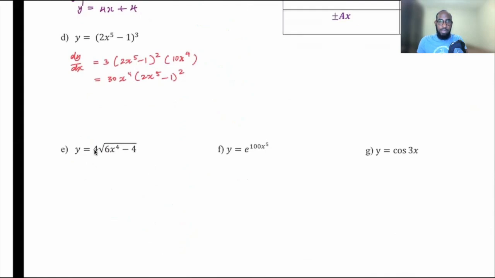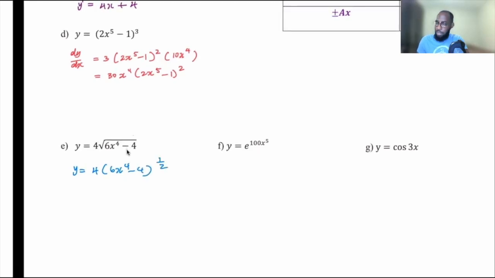So we have y is equal to the fourth root of 6x to the power 4 minus 1, minus 4. All right, so let me deal with dy dx. But before I deal with dy dx, I want to make my life easier. So this square root thing happening here, the square root symbol, right? I'm going to write it like this.